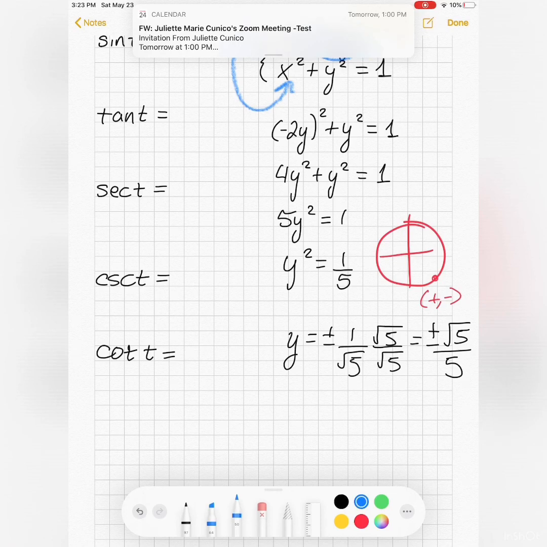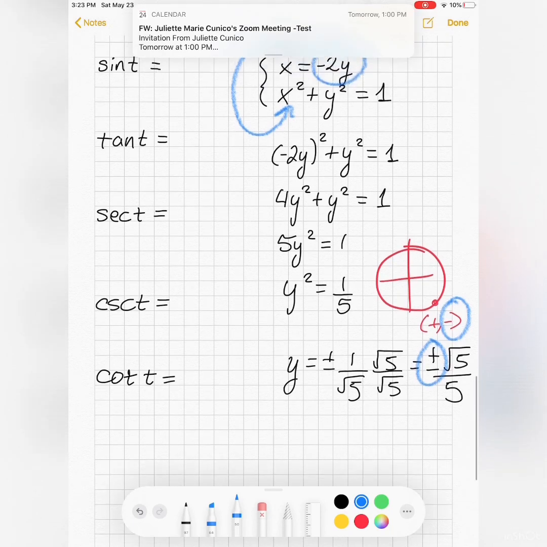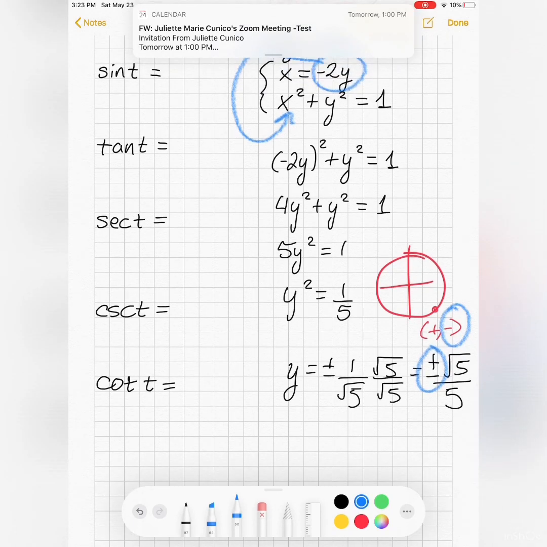Okay, so then again, I notice here I'm in quadrant 4, so the y is going to be negative. So now I know the value of sine.